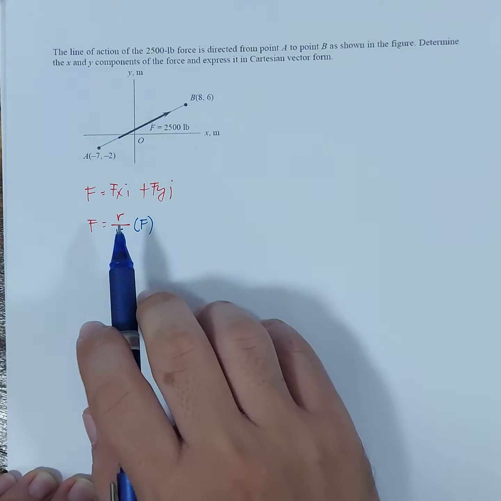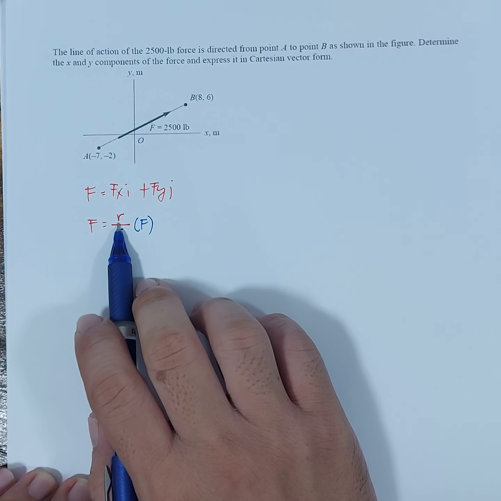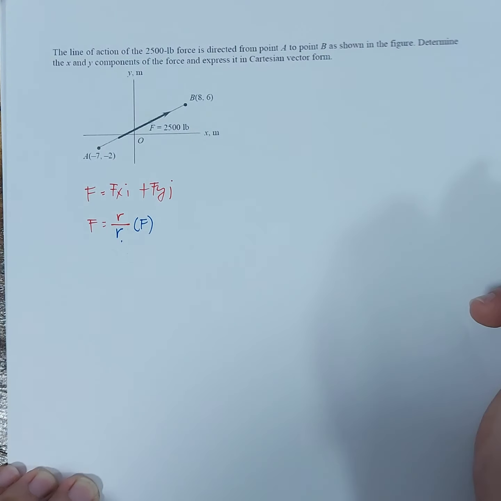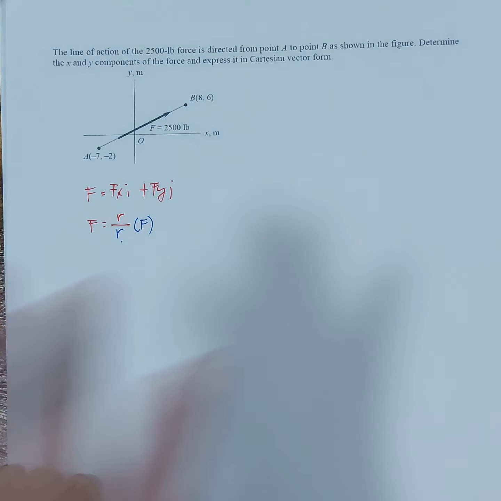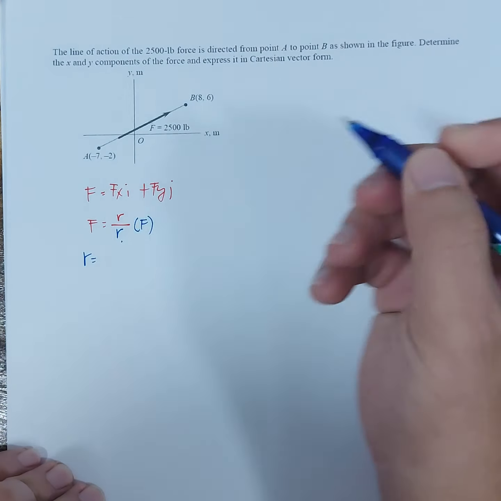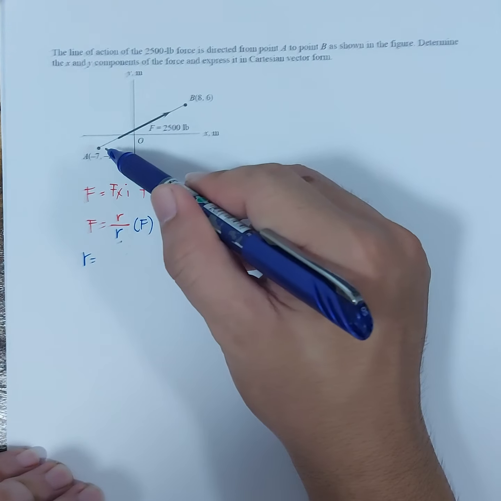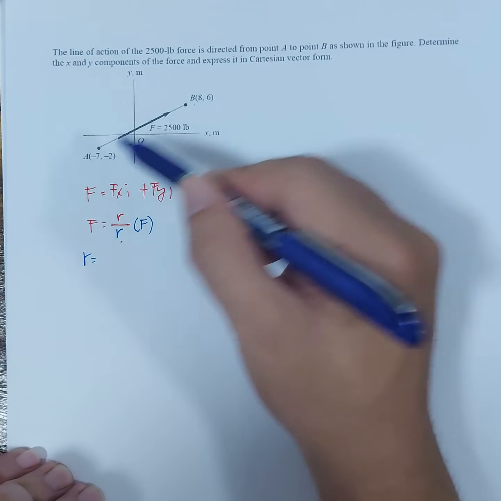Okay, so let's solve first for the position vector. Actually, pwede nang idiretso ito pero para alam natin step by step in case you haven't understood it fully yet. So the position vector is, again, head minus tail tayo.